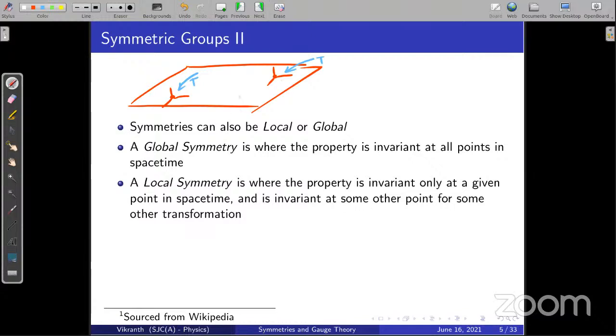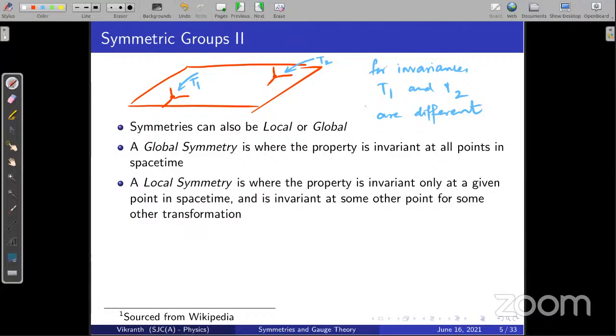So if I have some invariant quantity that I want to study, and I call this transformation T1, then for invariance to be satisfied, T1 and T2, where T2 would be the transformation I apply on this spot, are different. The transformation I apply on my left-hand side will be different from the transformation I have to apply on the right-hand side, only to preserve invariance.